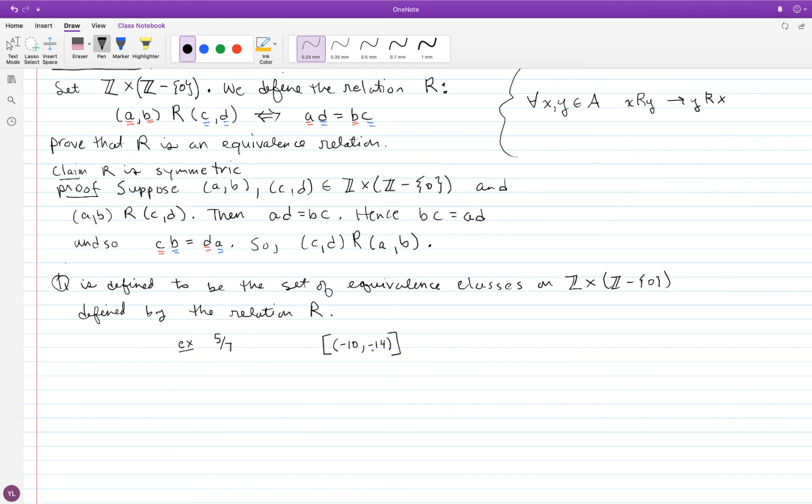This ordered pair is equivalent, in particular, to 5, 7. It would satisfy the equation. Go ahead and verify it. And it's equivalent to any other pair of integers, the second of which is not 0, that basically make a ratio of 5 to 7. So this equivalence class of ordered pairs of integers is the number 5 sevenths, or that's how the number 5 sevenths is defined formally.